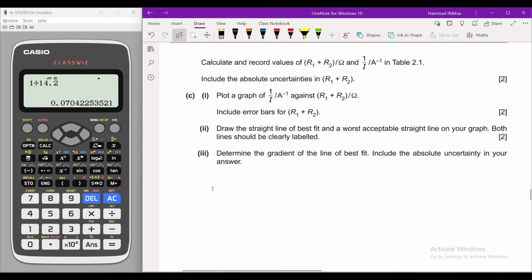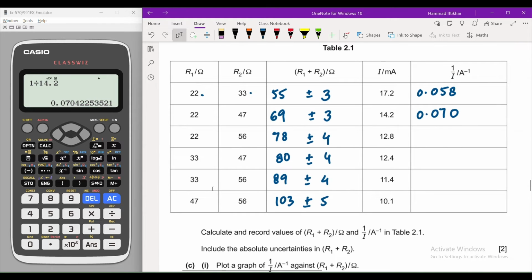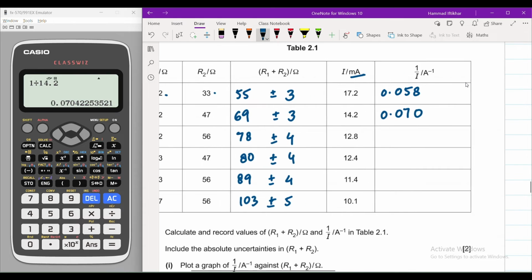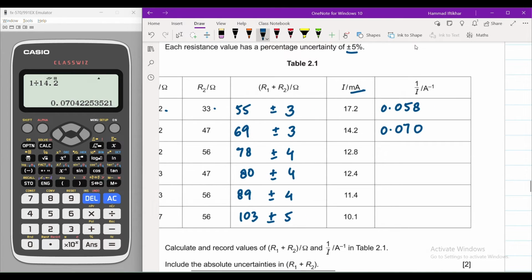Oh, this is in milliamps, so we have to convert it into amps. 1 amp is 1000 milliamps, so 1 milliamp is equal to 10 raised to power minus 3 amperes.